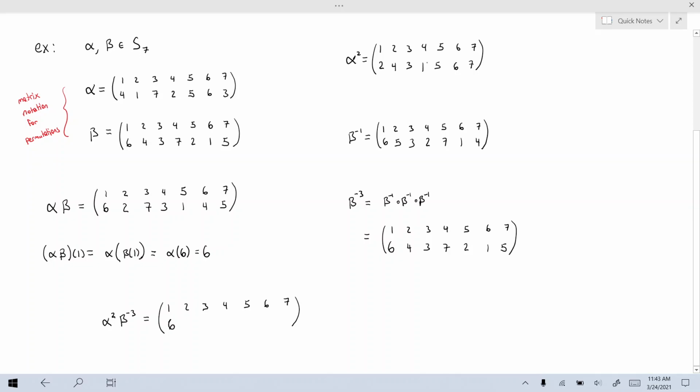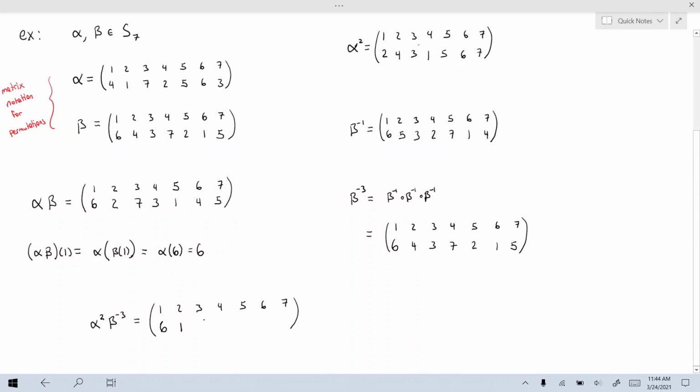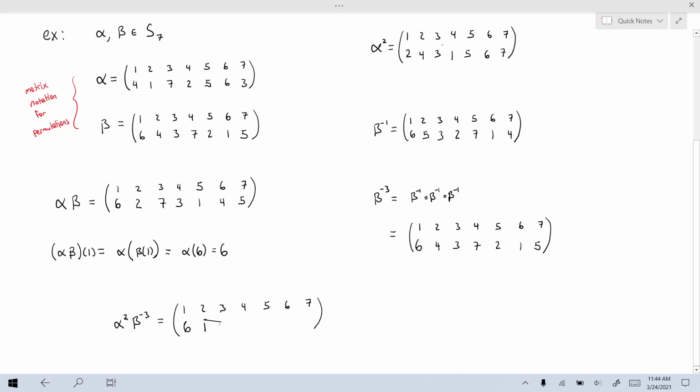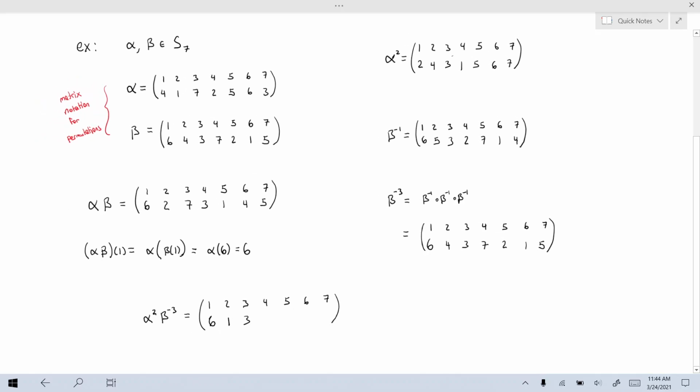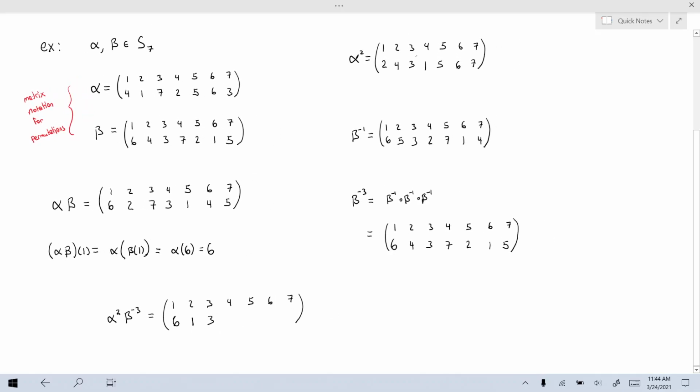Okay? So next, 3 would go to 3, and then that 3 would go to 3 again. Let's see here. Beta to the -3 maps 4 to 7, and alpha squared takes that 7 and maps it to 7.